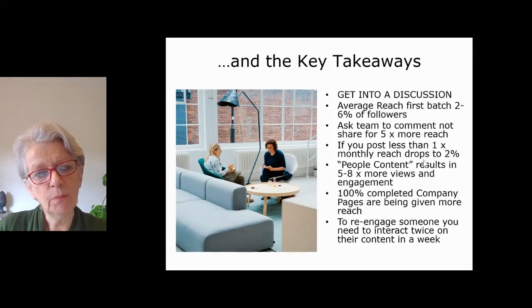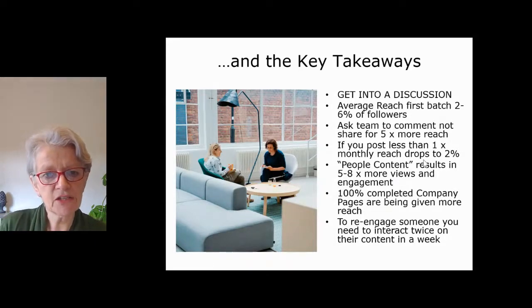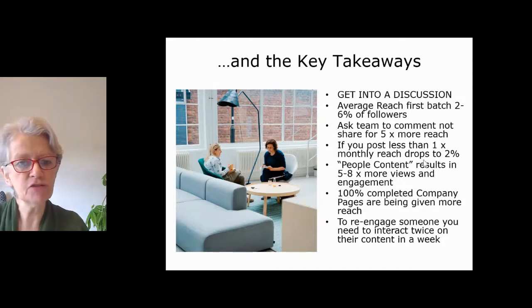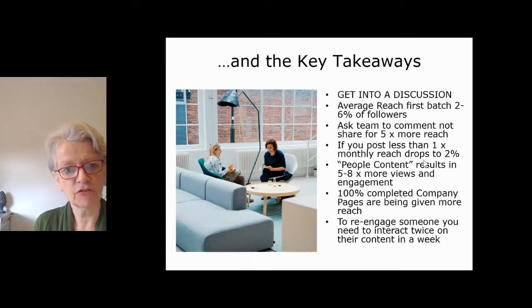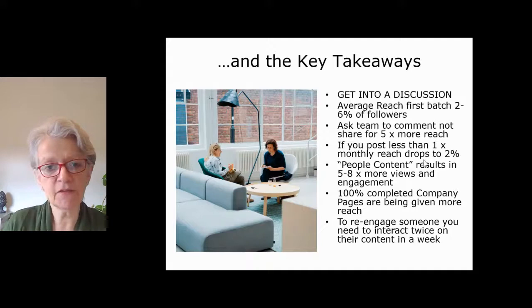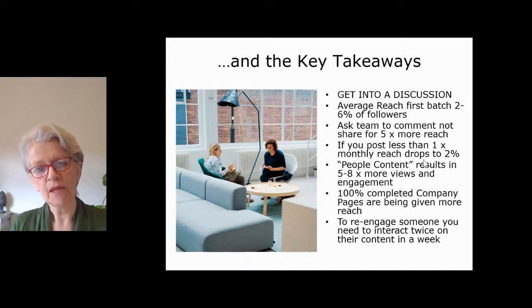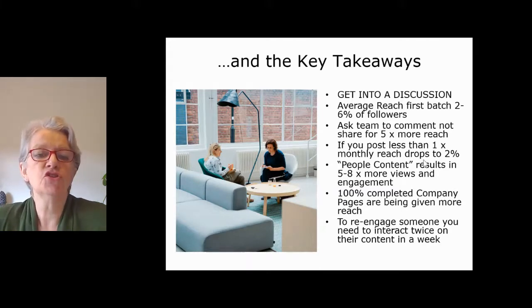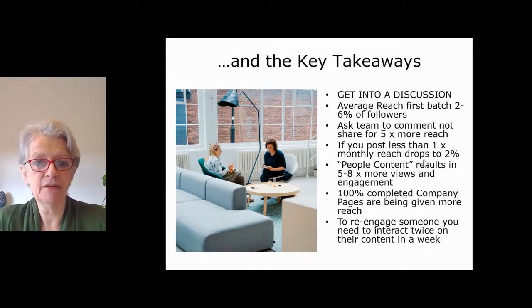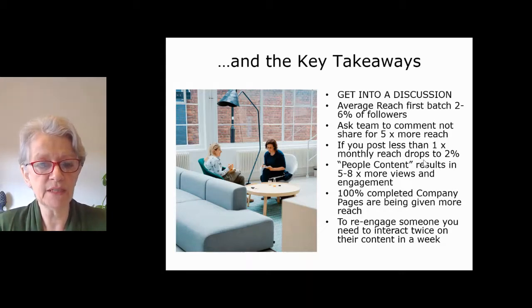So when your posts go out, on average, it is reaching 2 to 6% of your followers, no more than that. That's the first batch reach at the beginning of that post going live. So dependent on how many people are reacting, how much engagement there is, you can then super boost that reach to get out to more of your audience.